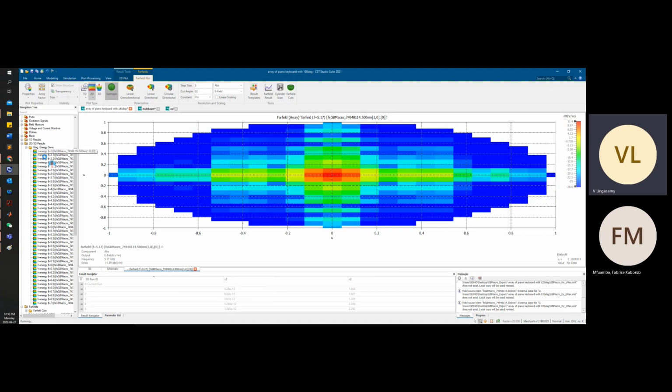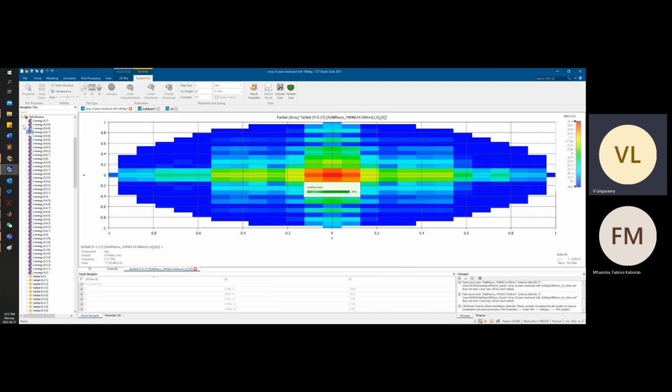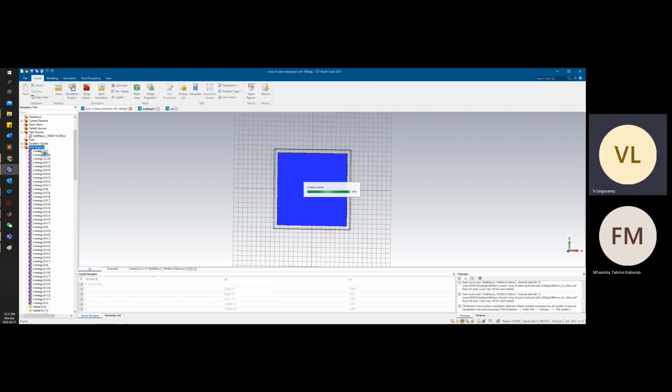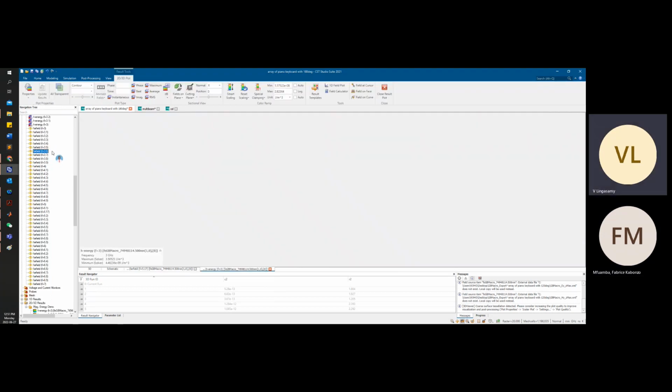Go to field monitor. There is a field monitor, right? On the left. Yes, you can add. Right click and add field monitor. Right click on the field monitor. New field monitor.